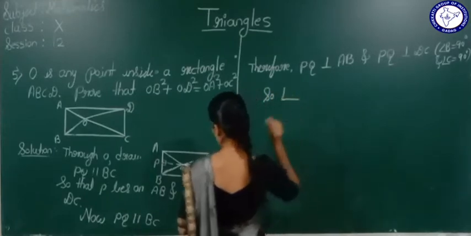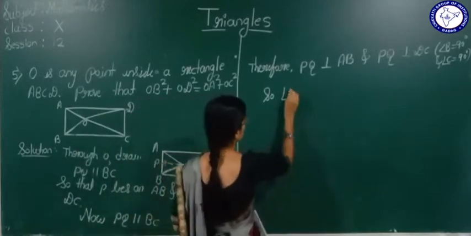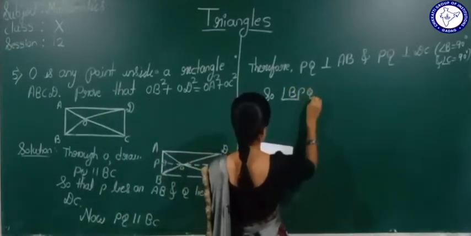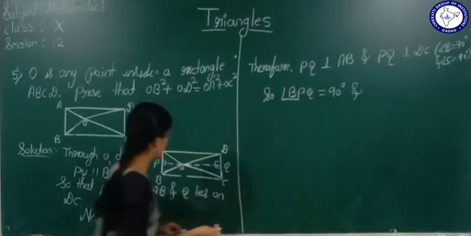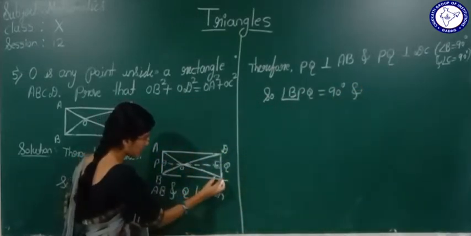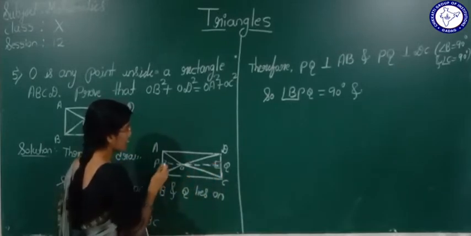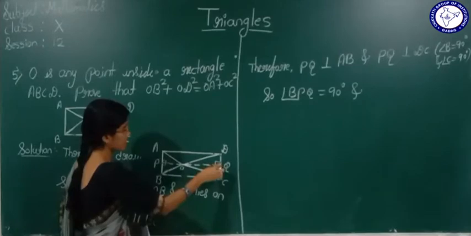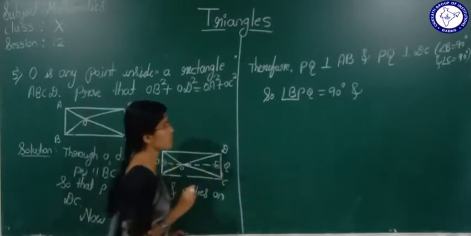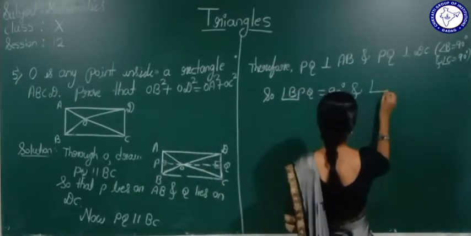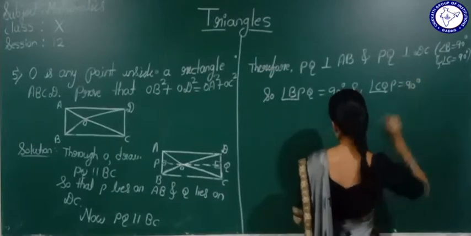So angle BPQ is equal to 90 degrees, right? Say angle B and angle C are 90 degrees. So BPQ is 90 degrees, and CQP is also 90 degrees. Angle CQP is equal to 90 degrees.